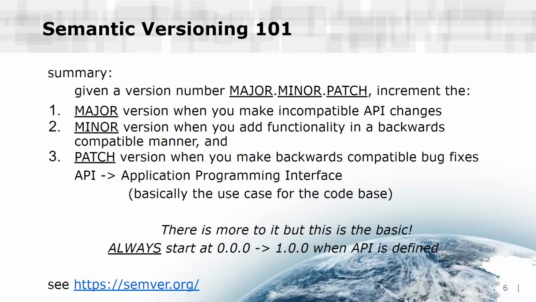The more layman term is basically just your use case of the code. How is somebody interacting with your system, and have we confidently defined that? So if we need to change our use case, say how comms is working, then we need to majorly increment the major revision because it's no longer compatible with the previous API. API is just a standard convention, I believe, is what they use.